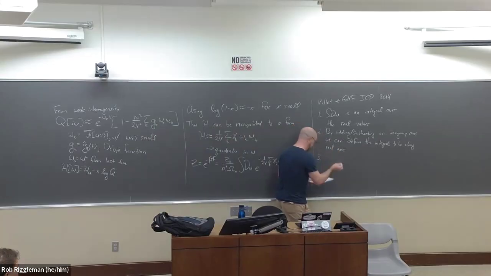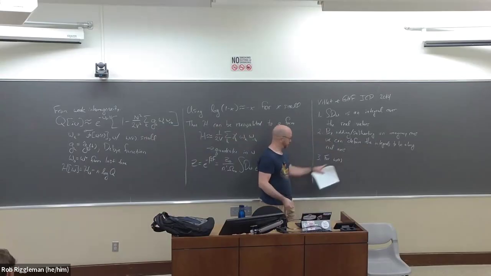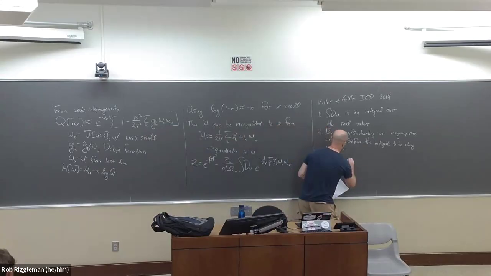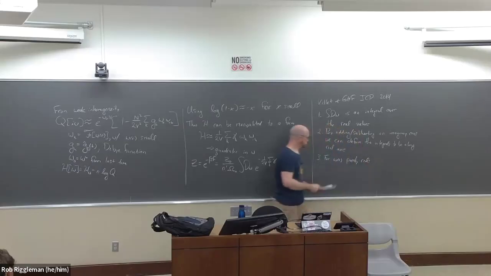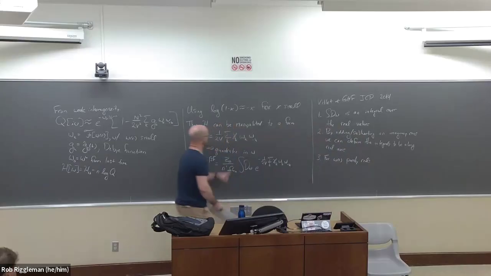Then I'll make one more point here, then I'll make a new board. If we're integrating over something that is purely real, so w of r is purely real, then the Fourier transform of w of r, w of k and w of minus k, are complex conjugates of each other.